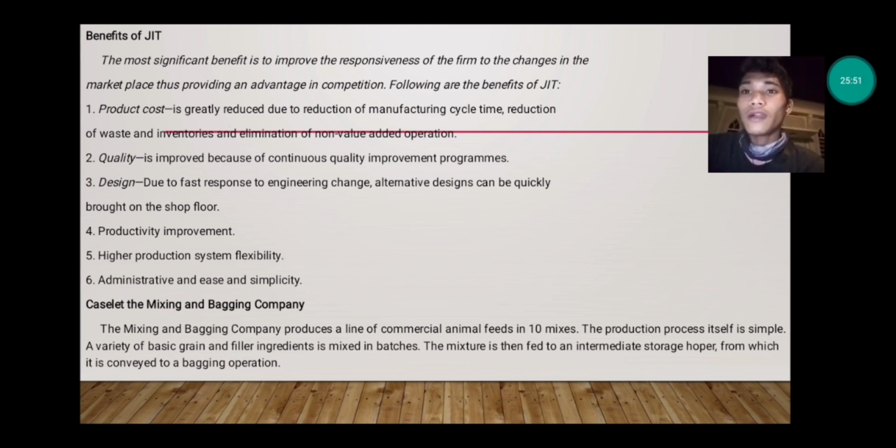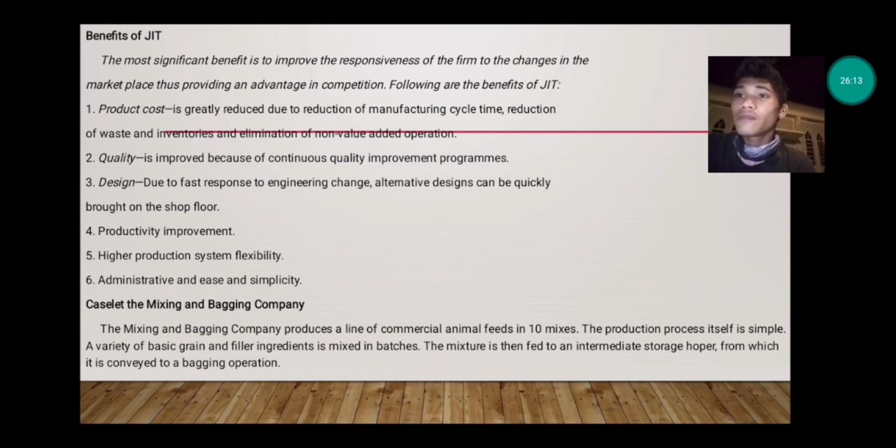Following are the benefits of JIT: product cost, quality, design, productivity, high production system flexibility, and administration made easy and simplified.